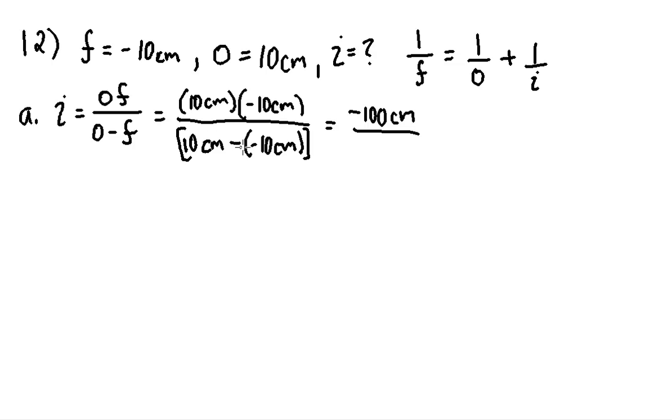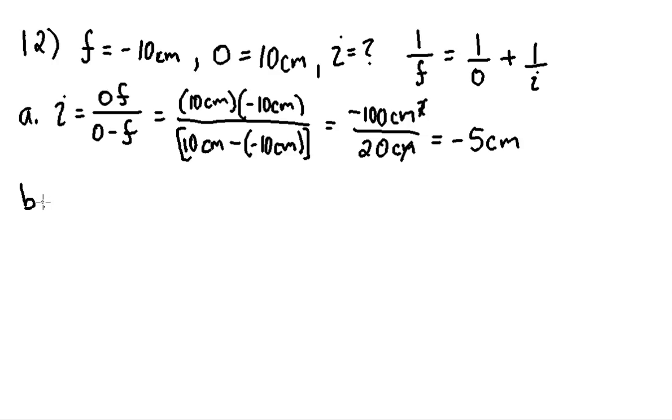And 10 minus -10 is 20 centimeters. I made a mistake up here. Centimeters times centimeters is centimeters squared. Okay, 100 divided by 20, -5. This cancels out with this, -5 centimeters.